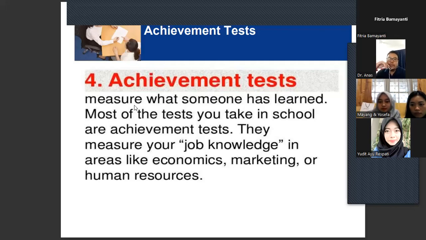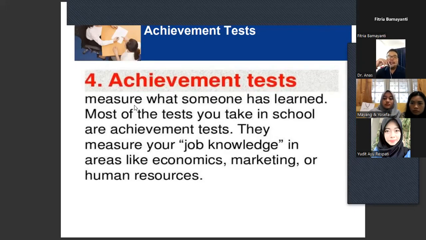Most companies, especially multinational or international companies, will apply the achievement test. Sometimes the company will ask you, in your diploma in office administration or office secretaries, what are the main points you have learned? What have you learned the most in the diploma?